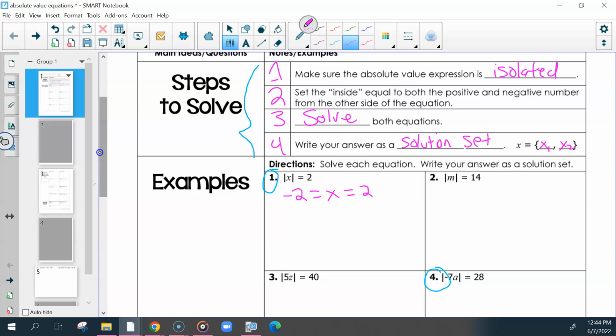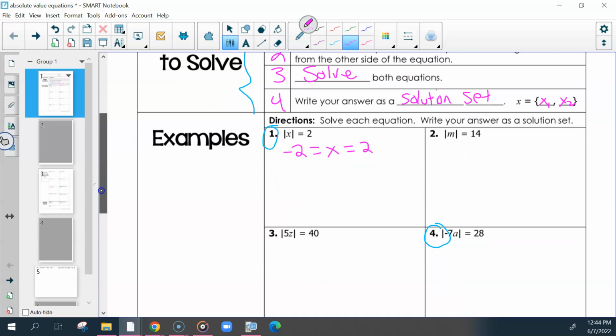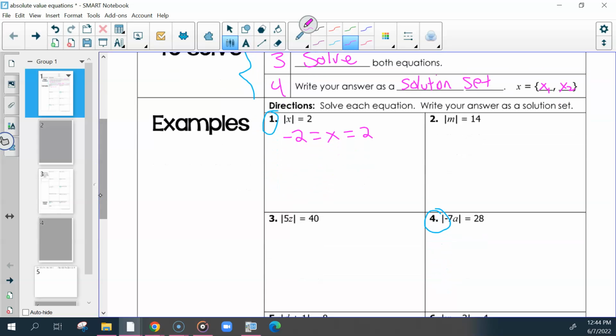If there were anything left in here to solve, we would solve, but in this case it's just x. So then we can write this as a solution set. x equals negative 2 and 2. Do we have any questions on that one?